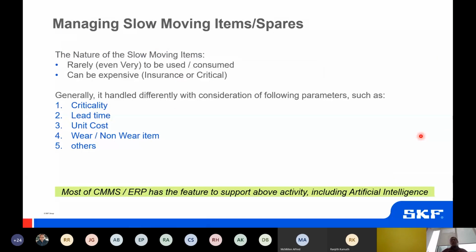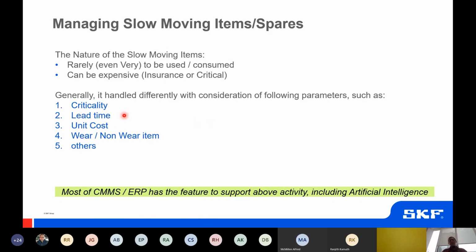Of course, don't forget about managing slow moving items, but they are a little bit complex. That's why you need to take care of them in a different way. In this webinar I only give you the idea. They are usually handled differently because the parameters to consider are more than only for the fast moving part.